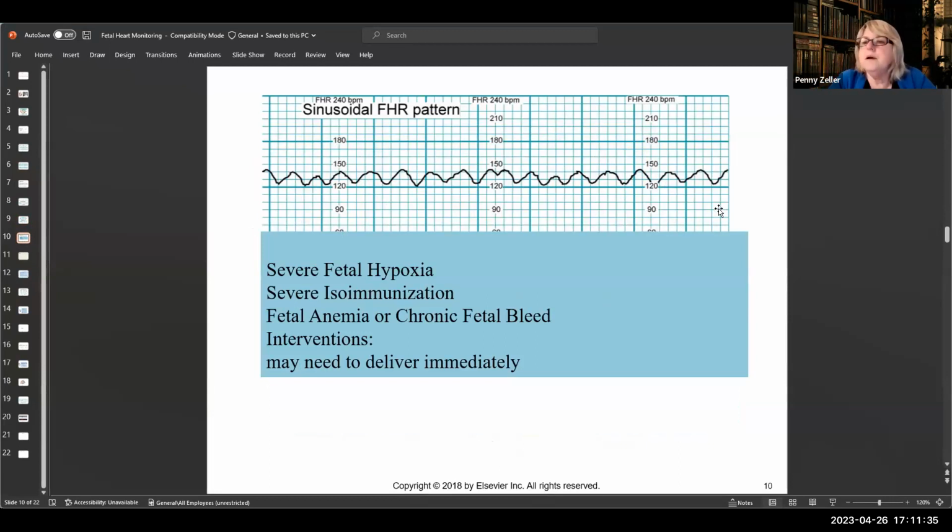If there's been an ABO incompatibility or Rh incompatibility, and there's hemolysis occurring at that moment or prior to delivery, a severe anemia, things like that, we need to deliver the baby.